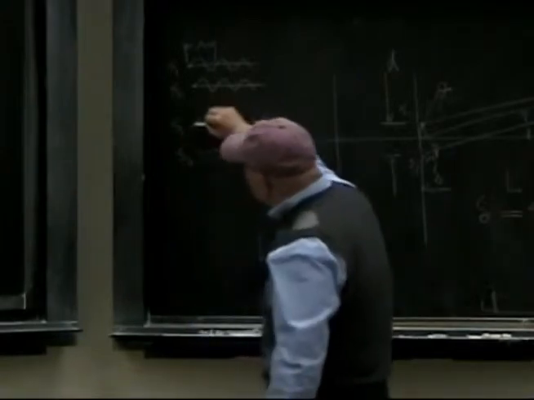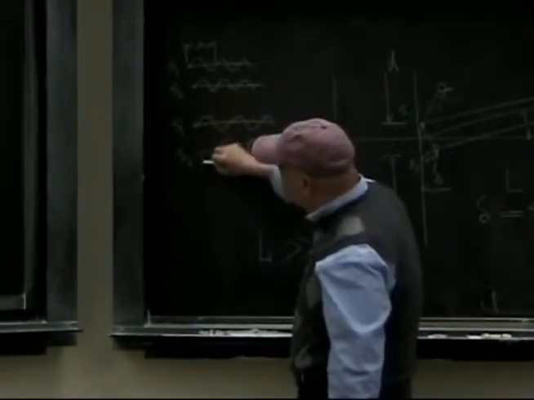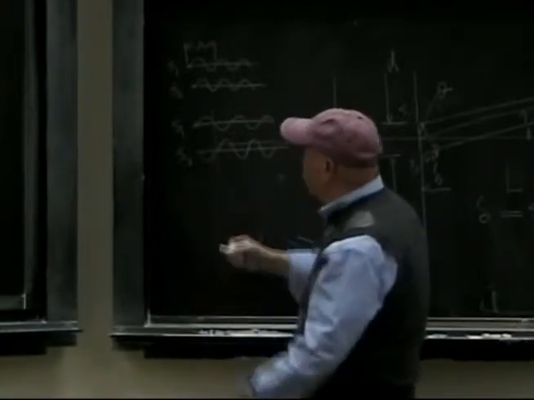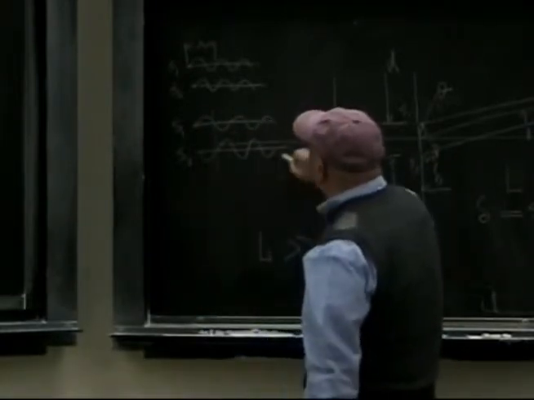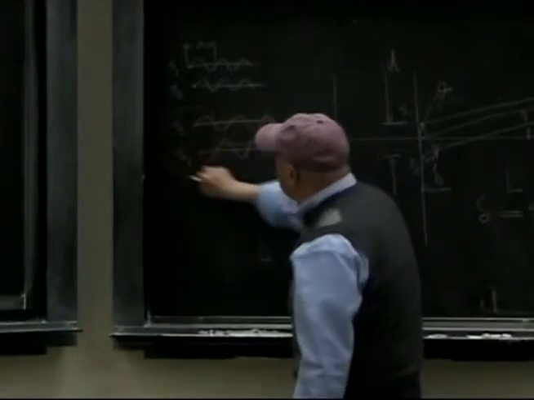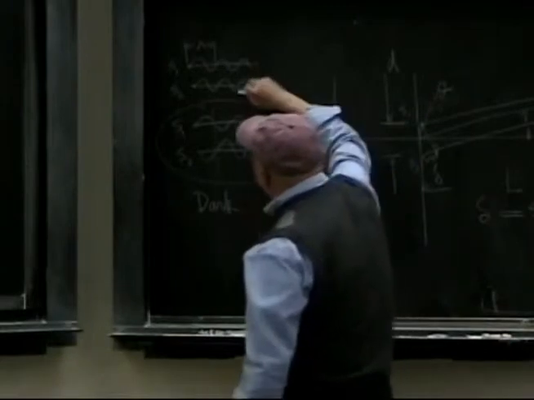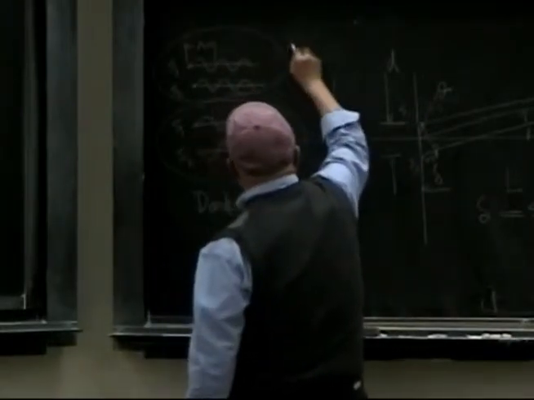So in these cases, when this is a maximum, this is a minimum. When this is a minimum, this is a maximum. So they cancel each other. In that case, this gives us dark fringes, and this one gives us bright fringes.